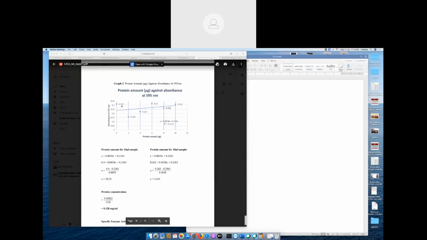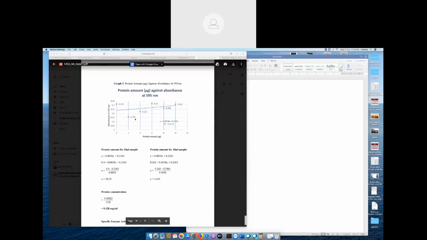It is not supposed to be like this. Zero is supposed to be zero. So whatever reading from here, you need to minus by this. I don't think this is a good protein standard. If you find that this thing is funny, this one is supposed to be zero, and then this is your real absorbance when you put 2 microgram.